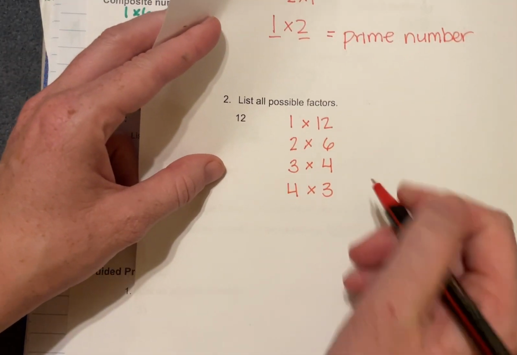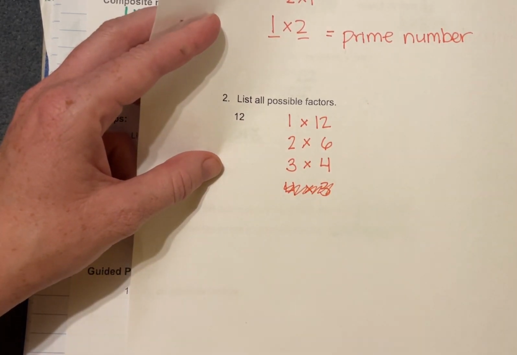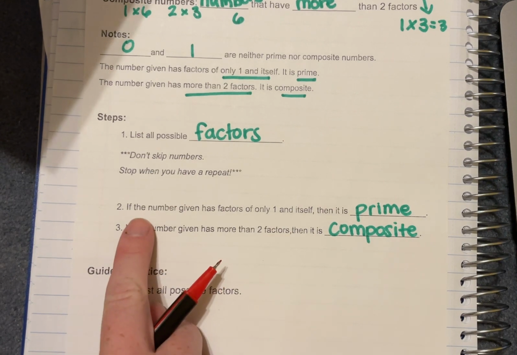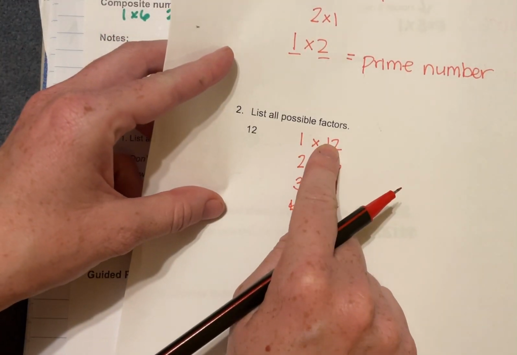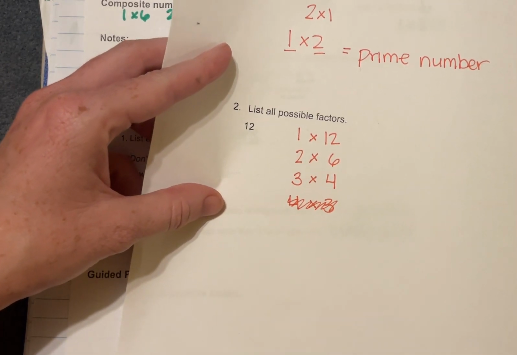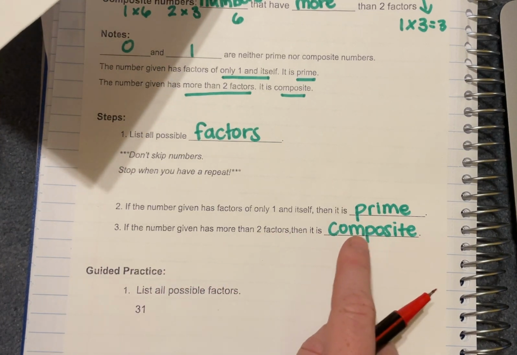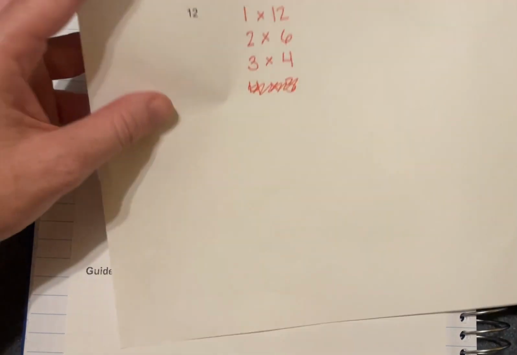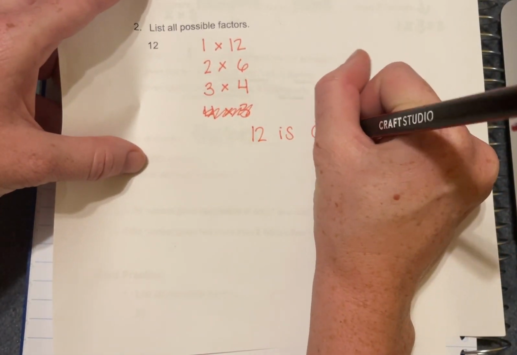These are the same, so I don't need this one. So these are all my factors. If the number given only has 1 and itself, then it's prime. I see 1 and itself, and other numbers, so it has more than 2 factors. If the number given has more than 2 factors, then it is composite. So we're going to say 12 is composite.